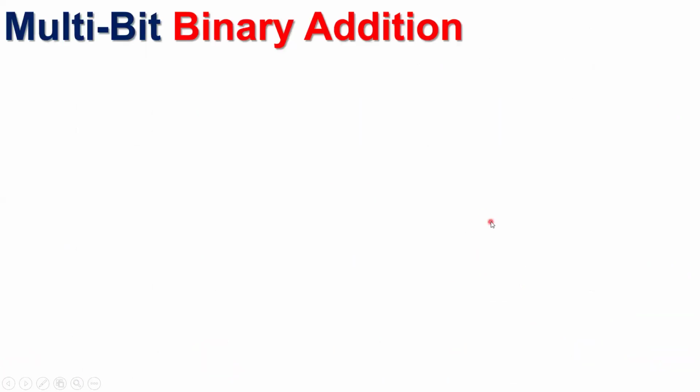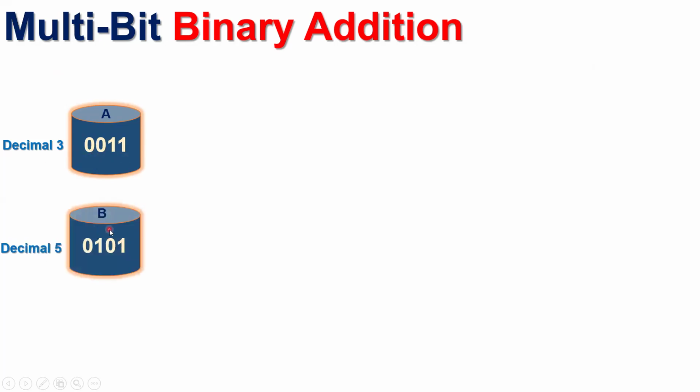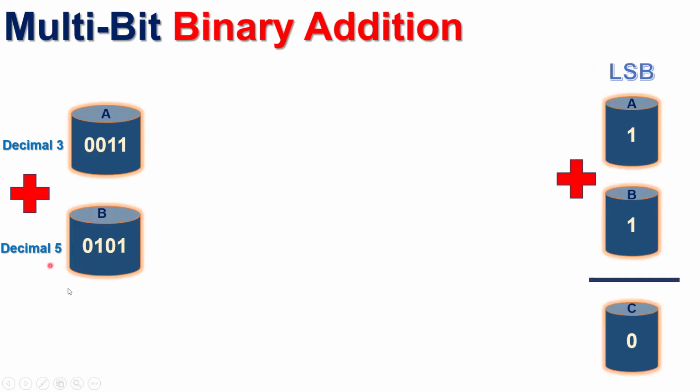Let's have another example of this binary addition. So I have now 4-bit number A, 0011. It is in decimal number 3. I have another number B, 0101. It is in decimal equivalent to 5. I know that the addition of decimal 3 plus 5 is the result called 8.